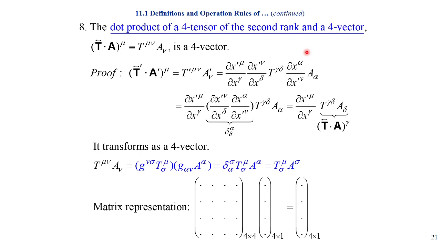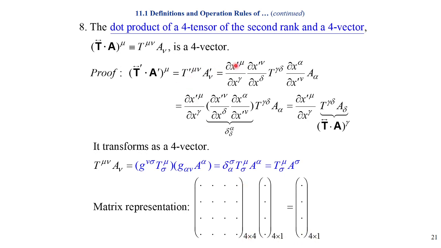So 4 by 4 times 4 by 1. 4 rows times 4 columns, we get 1 point. 4 rows times 4 columns, we get another point. So eventually we get 4 by 1.